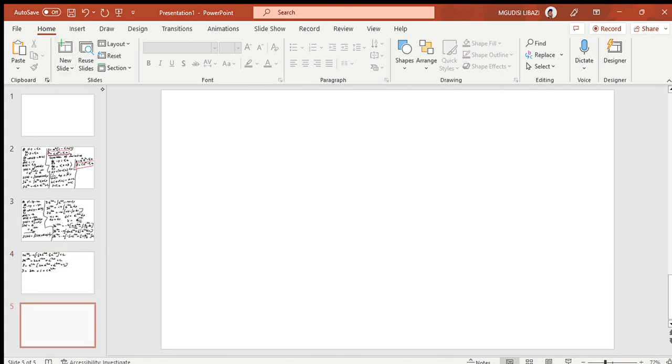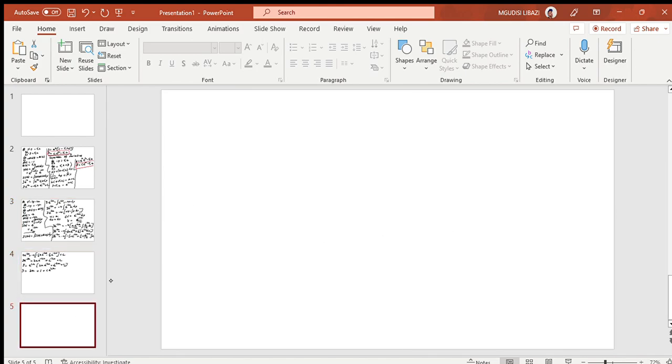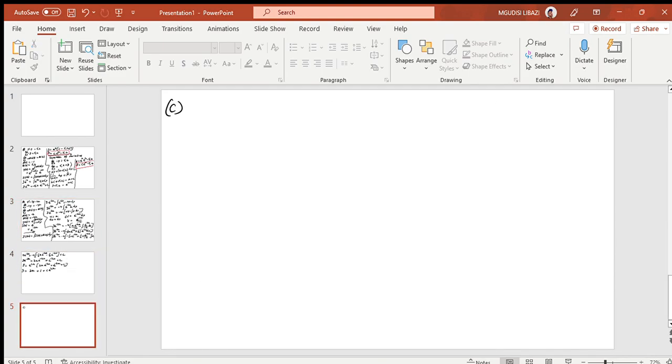So let's go to the other one. The other one we have is problem number C, where we have y prime plus ky equal to e raised to negative kx.